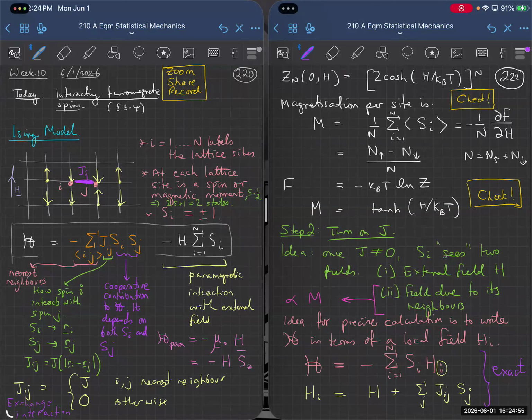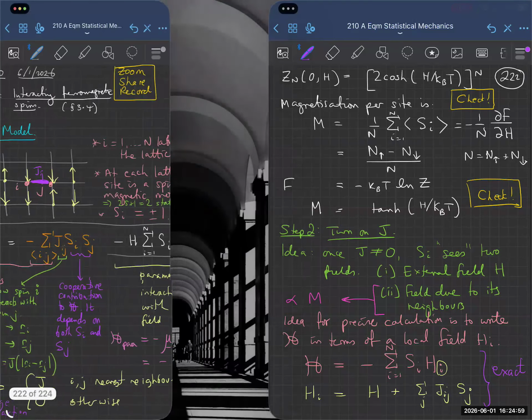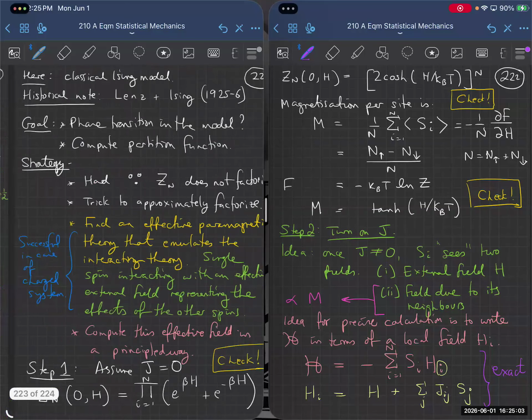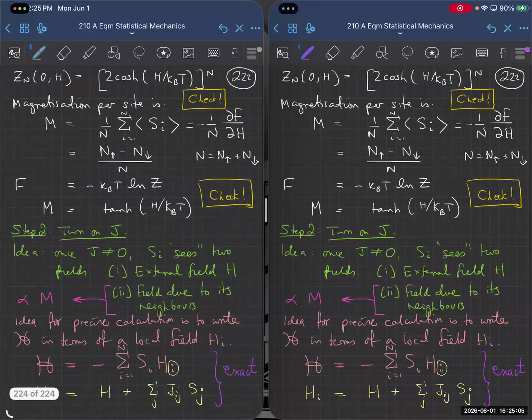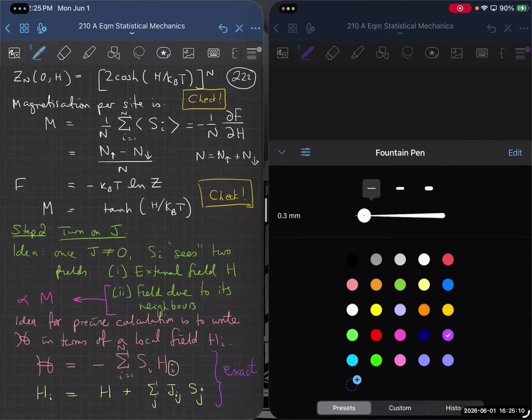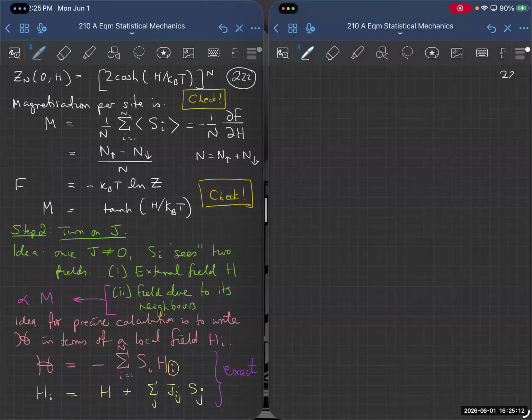So this is an exact statement of the ferromagnetic and the paramagnetic interactions. Okay, so that's a nice exact statement. So how does that help us? Now I'm going to do another trick. So far this is exact.